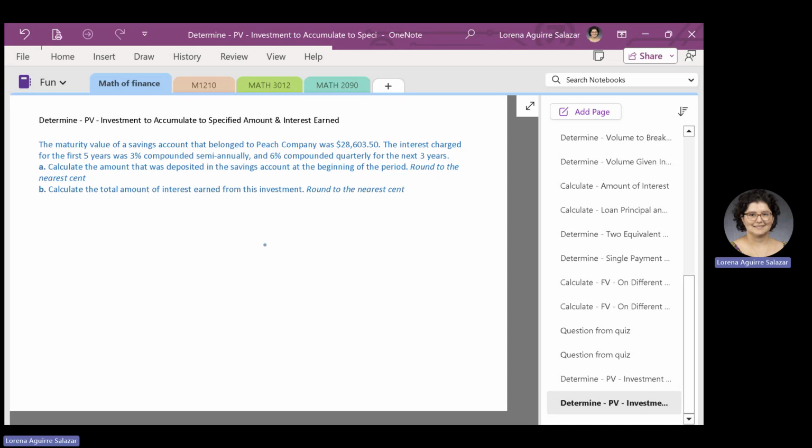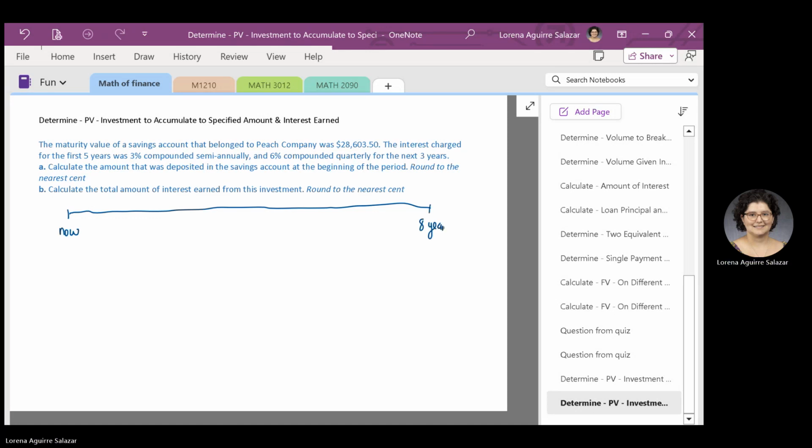To work with a problem like this one, it's useful to draw a timeline. Here we have a timeline that goes from now until 8 years later, 5 plus 3 years.